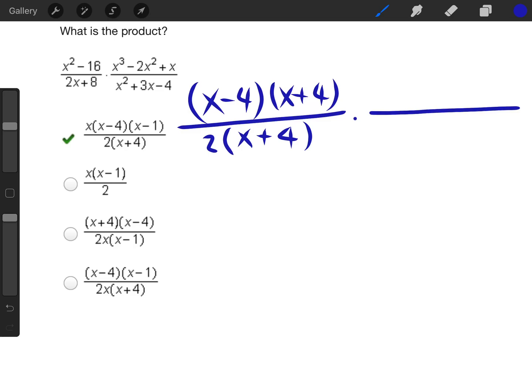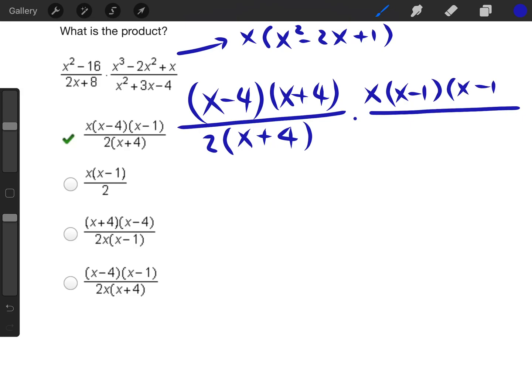Multiply by, so factor out the x, so that's going to be x times x squared minus 2x plus 1. So I'm going to write as x minus 1, x minus 1. Okay, on the bottom, I'm going to write x and x. It's going to be plus 4 minus 1.